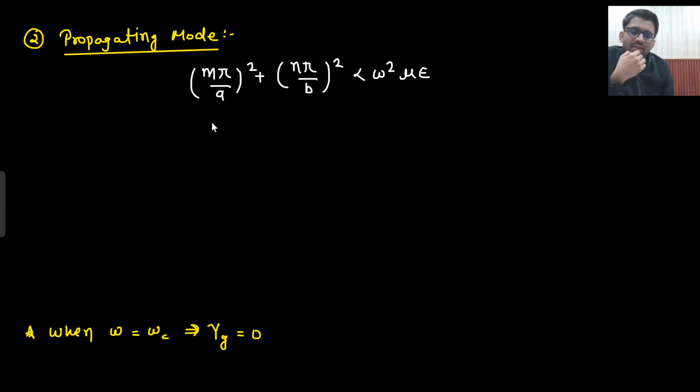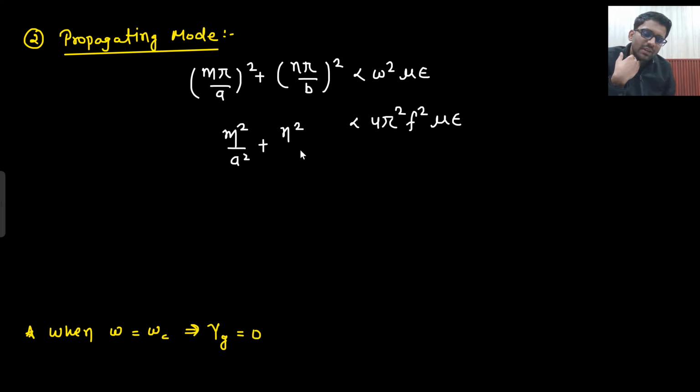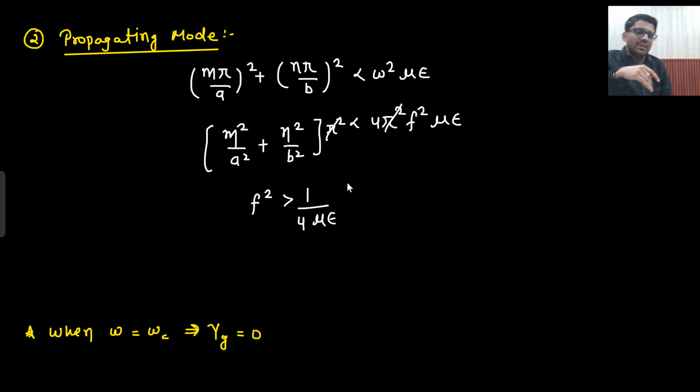Now what I can do is that this omega square mu epsilon can be written as 4 pi square f square mu epsilon, right? And here you have m square by a square plus n square by b square into pi square. Now pi square and pi square can get cancelled. So what you get is f square is greater than 1 by 4 mu epsilon, and then (m by a) whole square plus (n by b) whole square.